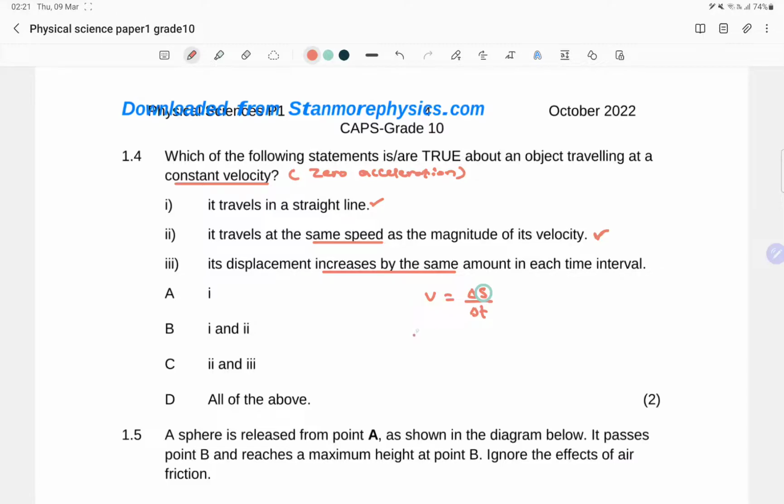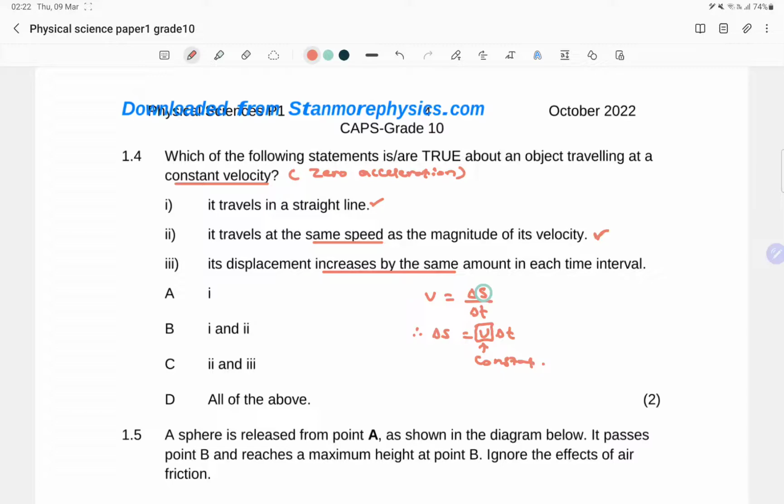And then of course this means our displacement, which is delta S, is going to be V delta T. But with this being constant, it means the displacement will increase by the same amount, okay? Because the gradient, if you're thinking of a straight line graph without an intercept, this would have been the gradient. This is what is changing. So each time we are changing that displacement by just the same value. So that is constant.